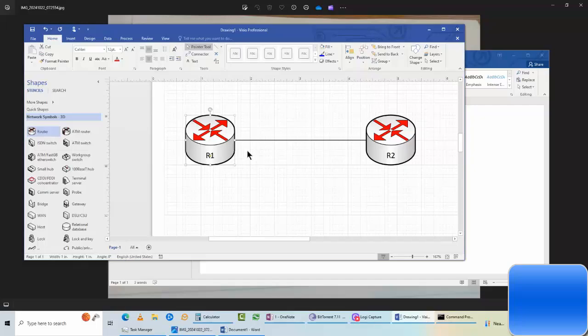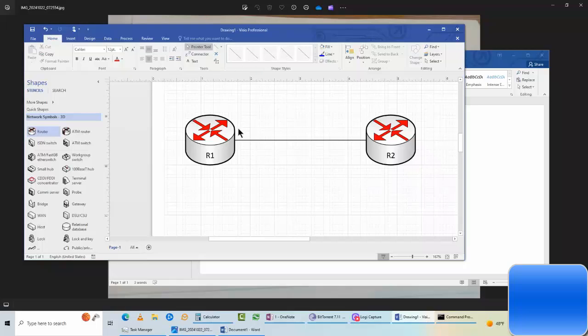So now, this line is indicating that I am just using a flat out Ethernet cable. That's what that symbol is going to symbolize to me. If it was a serial cable, my cable would actually look like a lightning bolt. So when I'm using a straight line, it is implied that I'm using Ethernet cable to connect them.